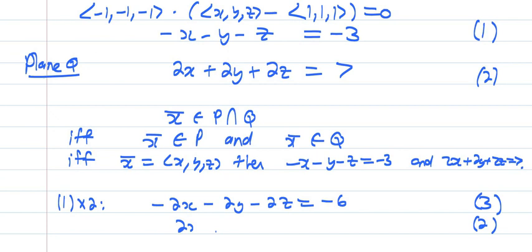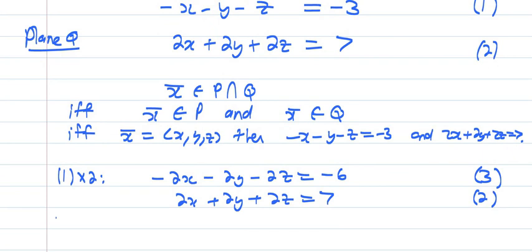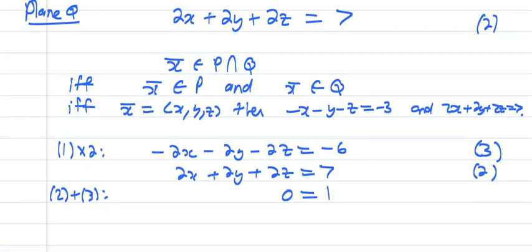So we get 2x plus 2y plus 2z is equal to 7. And now let's add the two equations. If we add them, the x's disappear, the y's disappear, and the z's disappear. So we get 0 is equal to 7 minus 6, which is 1. But this is false.